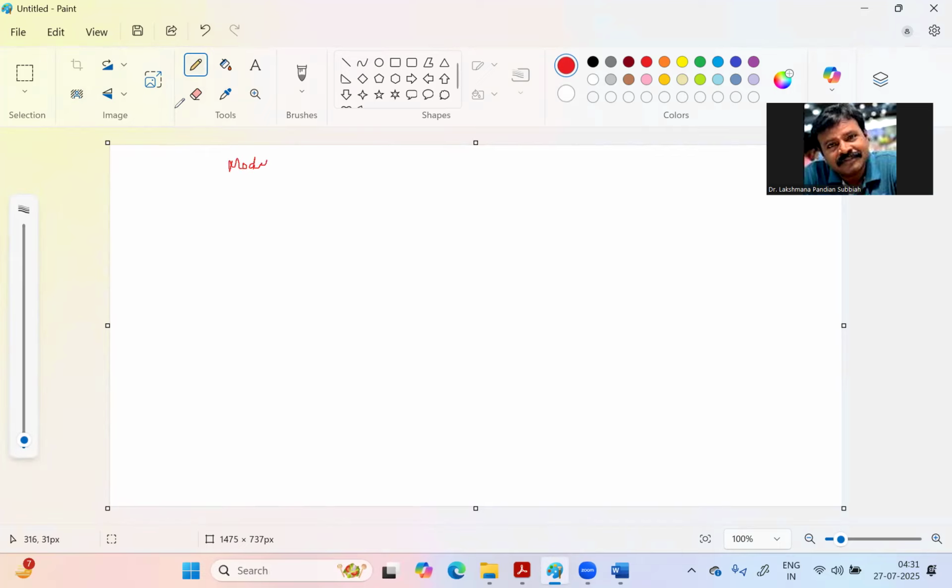Modulo 9 up counter using T flip-flop. Synchronous counter, right?